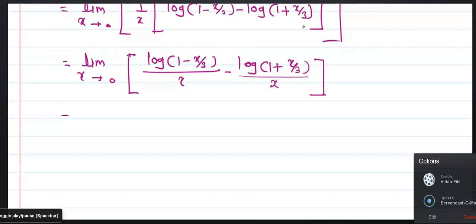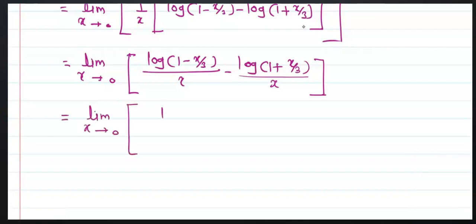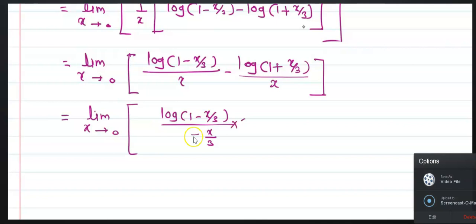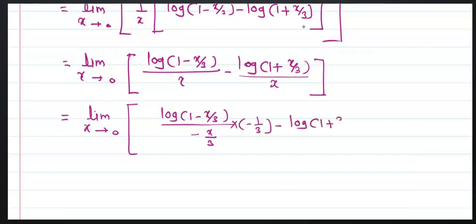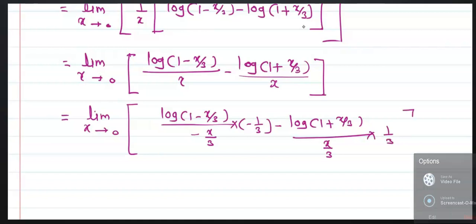Therefore, it is written like this. Limit x tends to 0, log of 1 minus x upon 3 over minus x upon 3. That is, we divide this x by minus 3. It is balanced by multiplying by minus 1 upon 3, minus log of 1 plus x upon 3 over x upon 3 into 1 upon 3, bracket.